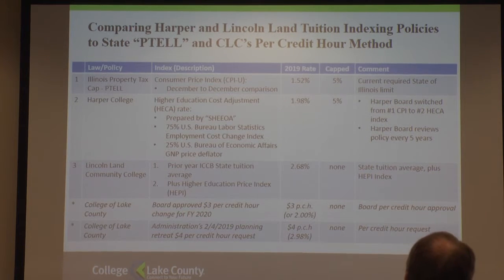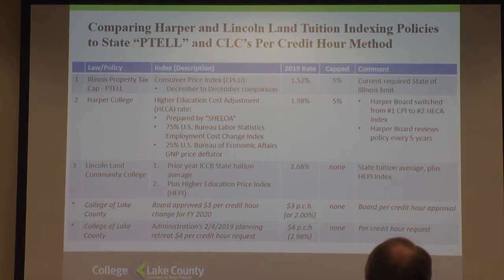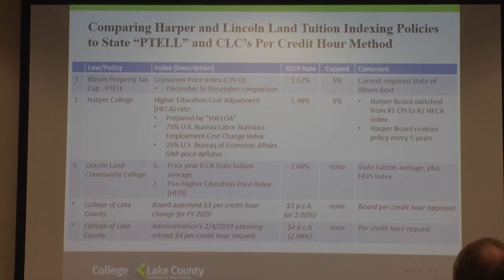The Harper model also originally had used the CPI, or the Illinois property tax model, and then they've adjusted it recently to include the HECA model. Their board also revisits their tuition policy every 5 years, so that seemed like a nice feature of any potential change we might make. The Lincoln Land Community College model's distinguishing feature is that it works off of the state tuition average and adjusts it using a slightly broader measure of inflation.